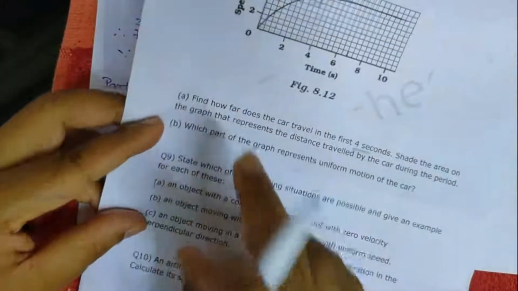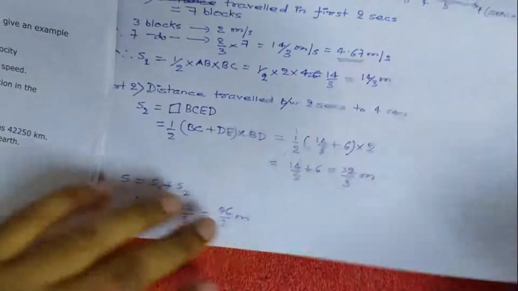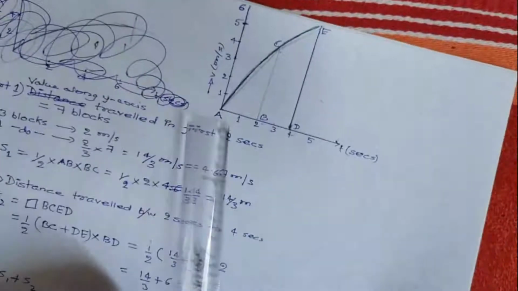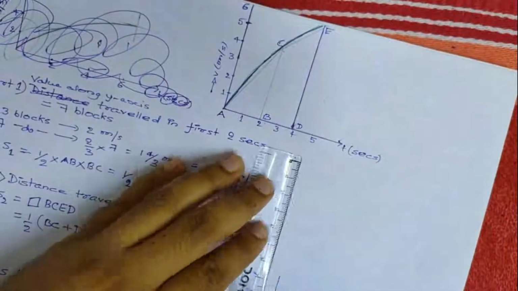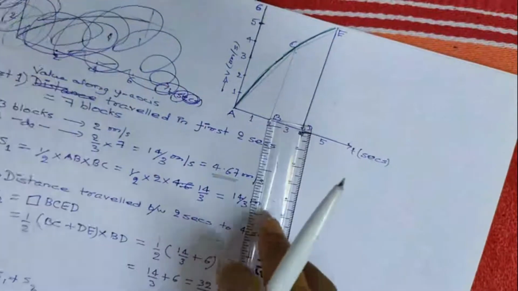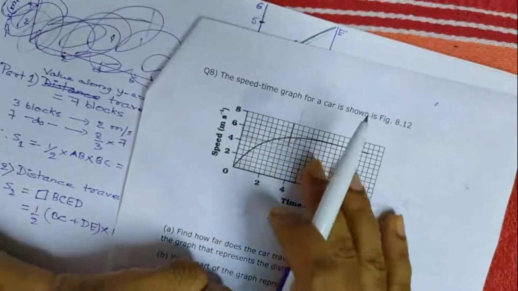Part A is solved. Which part of the graph represents uniform motion of the car? Let us try to solve B part here. So B is talking about which part? Let us go back to the curve. For uniform motion, what is required?